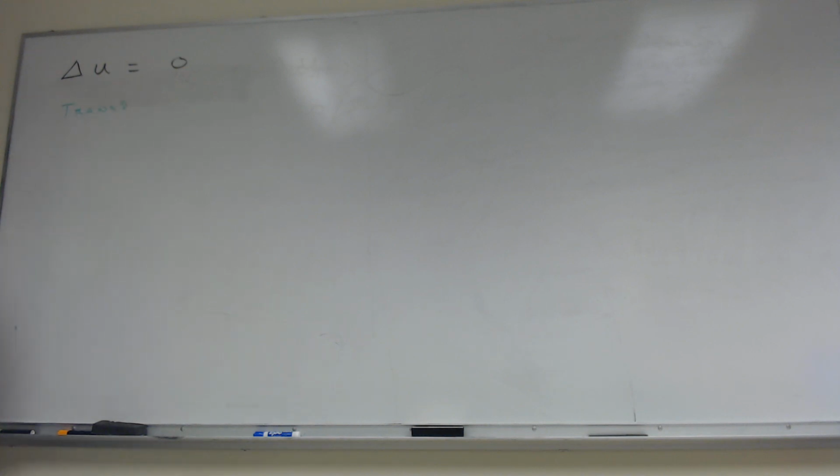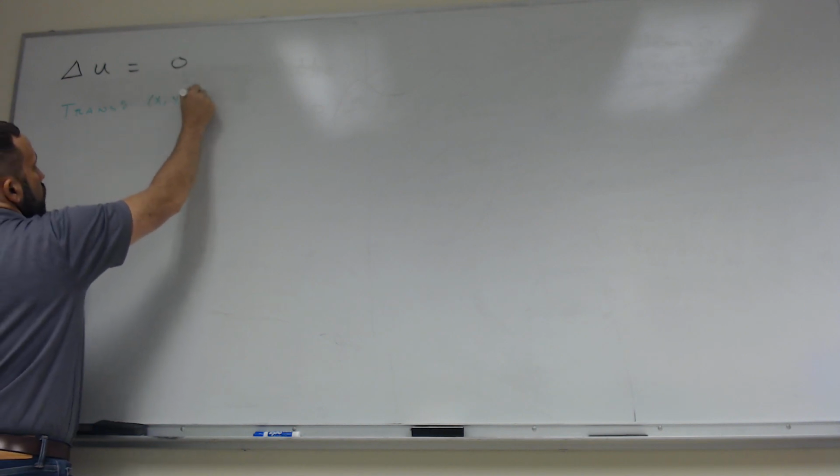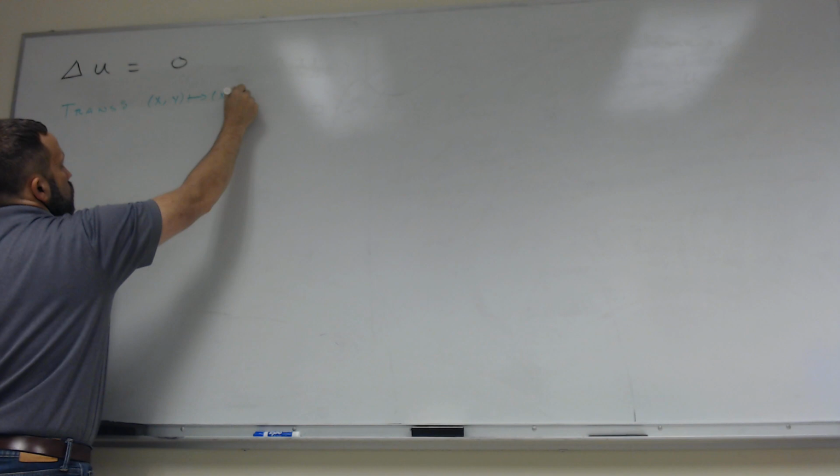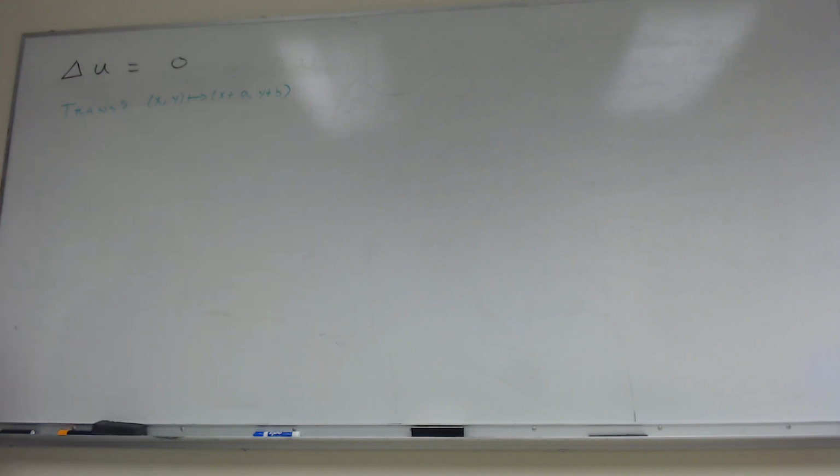Okay, so a translation is a linear transformation that takes the point (x, y) to the point (x plus a, y plus b) for two real numbers a and b.